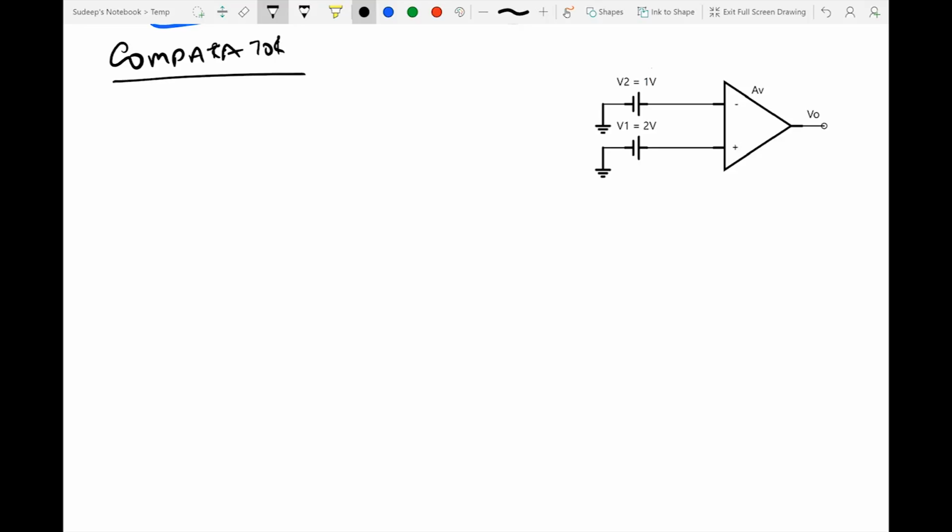It checks and tries to give us a logical answer of yes or no for a comparison. It asks, is V1 greater than V2? So the answer can either be a yes, which is a logic high, or the answer can be a no, which is a logic low.